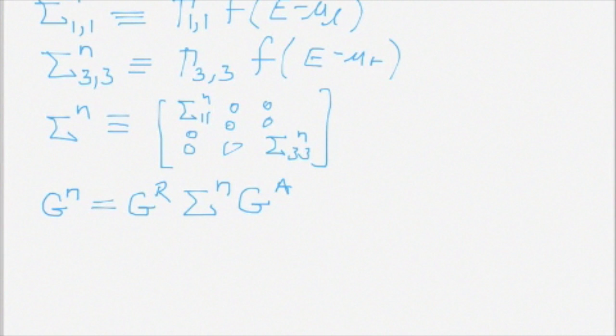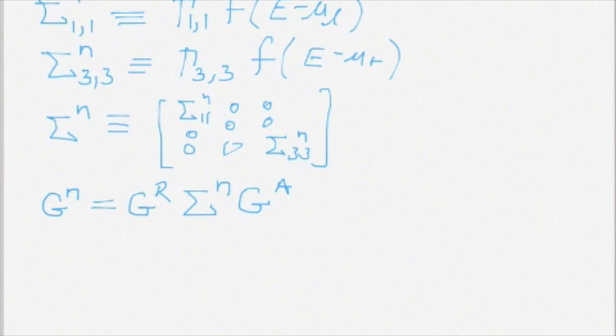And if we go through the same exercise that we did with the gamma, this is a multiplication of 3x3 matrices, there's only two non-zero terms, the sigma 1, 1 and the sigma 3, 3.